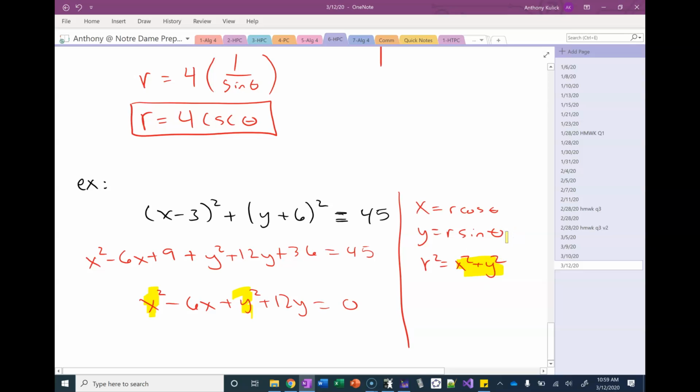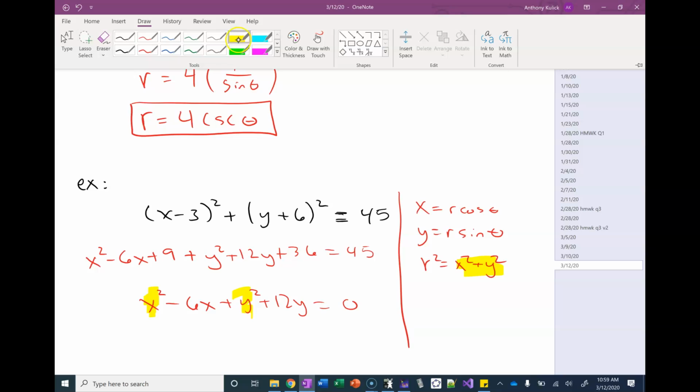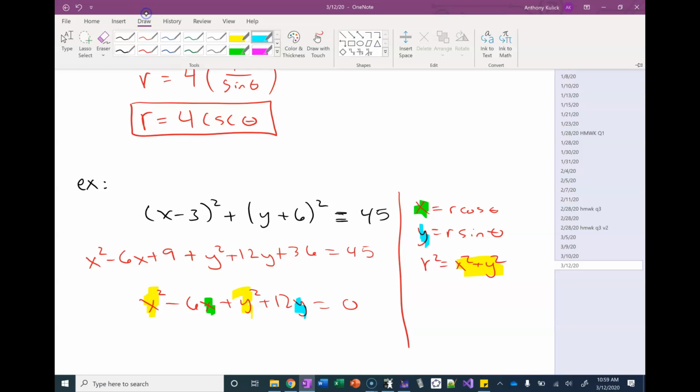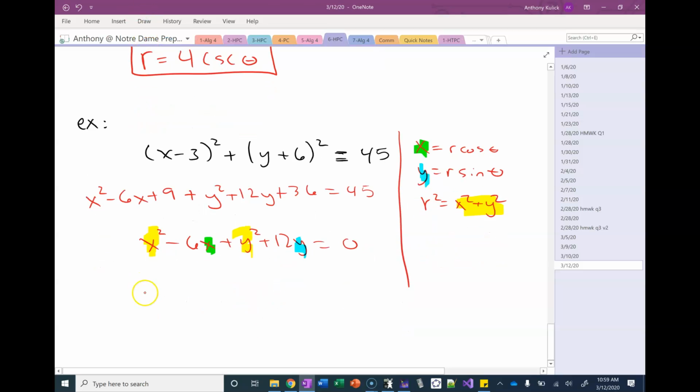So I can make an r squared. And then I have an x, so I can make that r cosine theta. And I have a y, so I can make that part r sine theta. Everybody okay there?